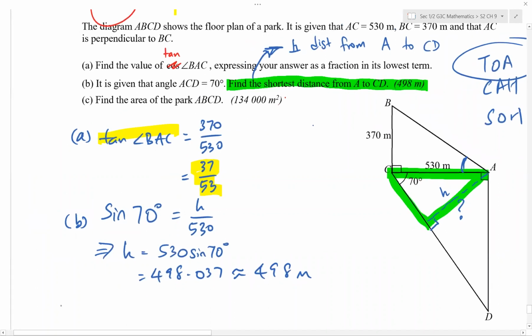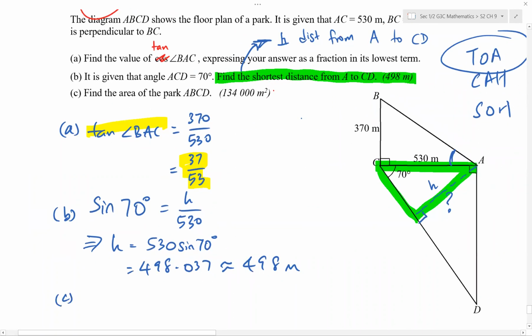Finally, for part C, find the area of the quadrilateral ABCD. So ABCD is made out of two triangles. Find the combined area, just find each of the areas of the triangles and add them up. The top triangle is not a problem. Half times base times height. The bigger triangle at the bottom is a problem. You need half times base times height, but you do not know all the sides of the triangle yet.